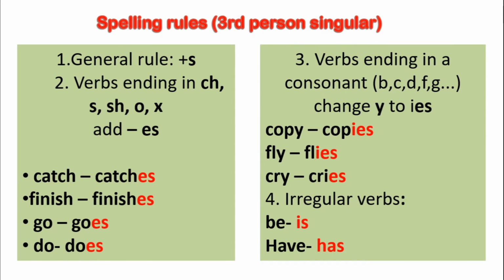Let's talk about spelling rules in third person singular. Number 1. General rule is to add the suffix s. Now, 2. Verbs ending in ch, s, sh, x add the suffix es.